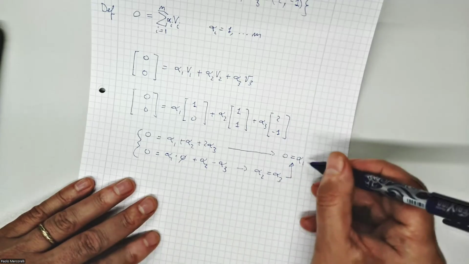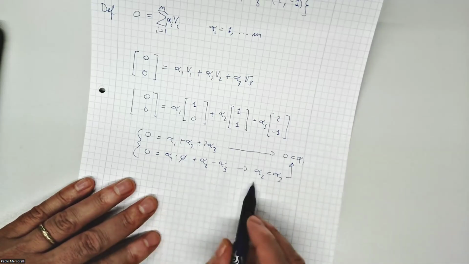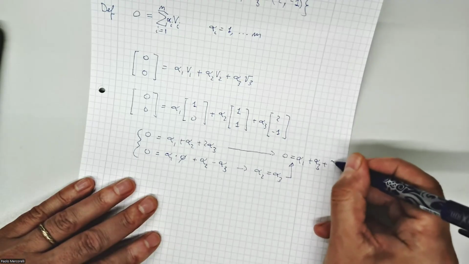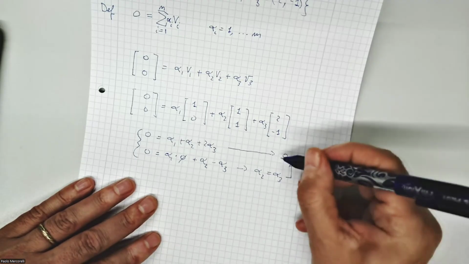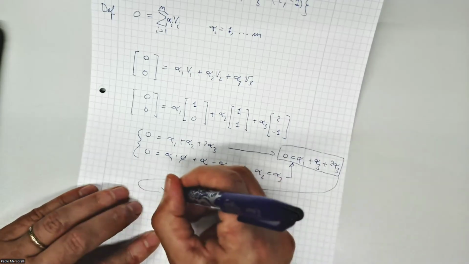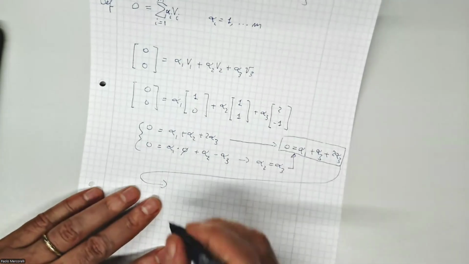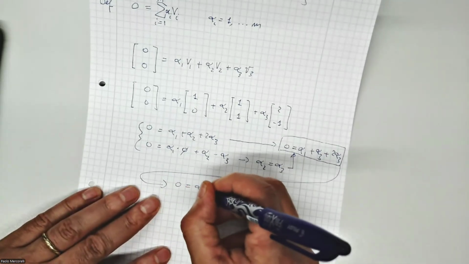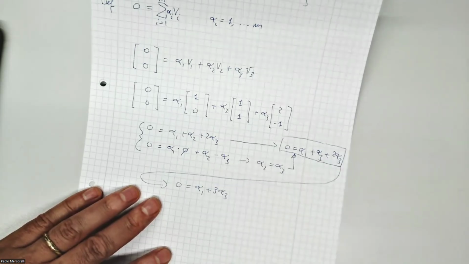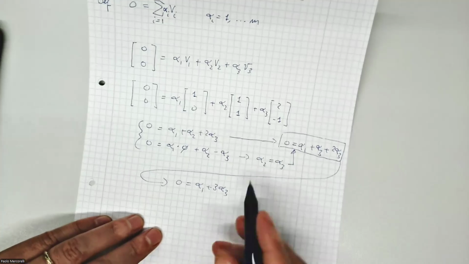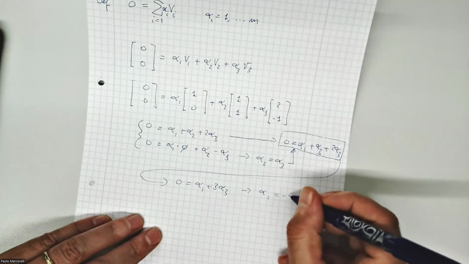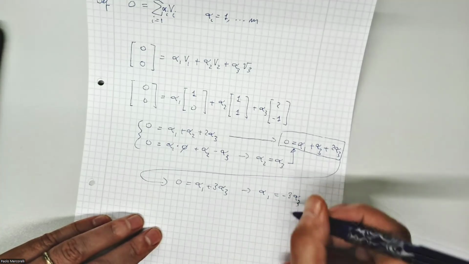If you replace, I don't know, alpha 2 equals alpha 3, we have this. But this here, excuse me for this notation, but it can help in any case. I can write something like that. Do you agree? This means from here we have alpha 1 equals minus 3 times alpha 3.